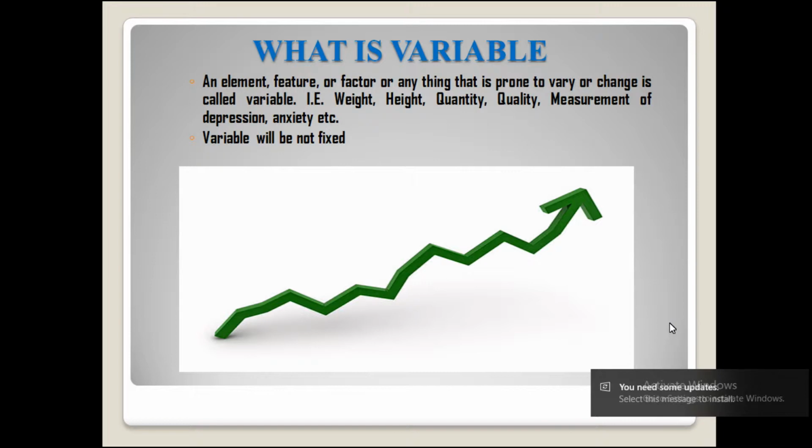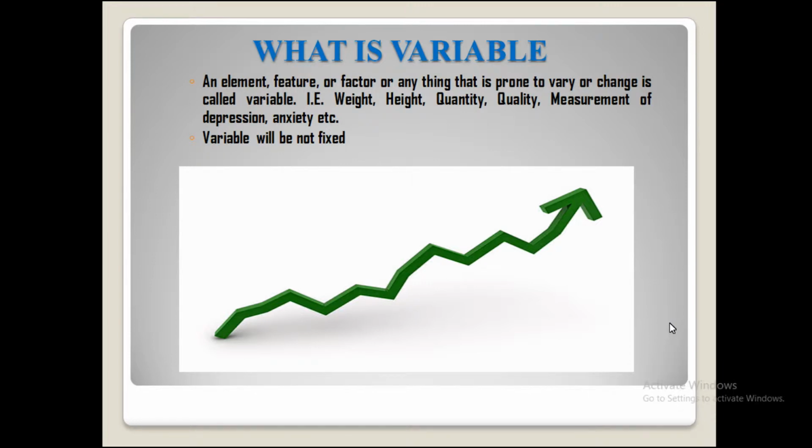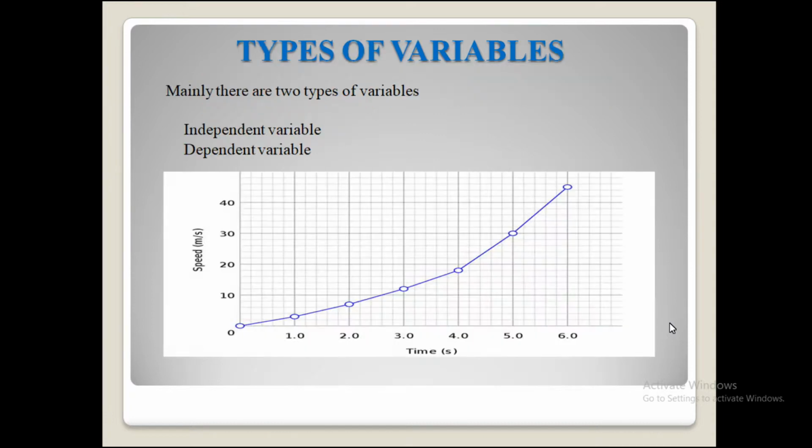And sometimes you feel very low anxiety, sometimes you feel moderate anxiety. So what is a variable? Variable is anything which may vary, which may change, which will not be fixed. This is variable.